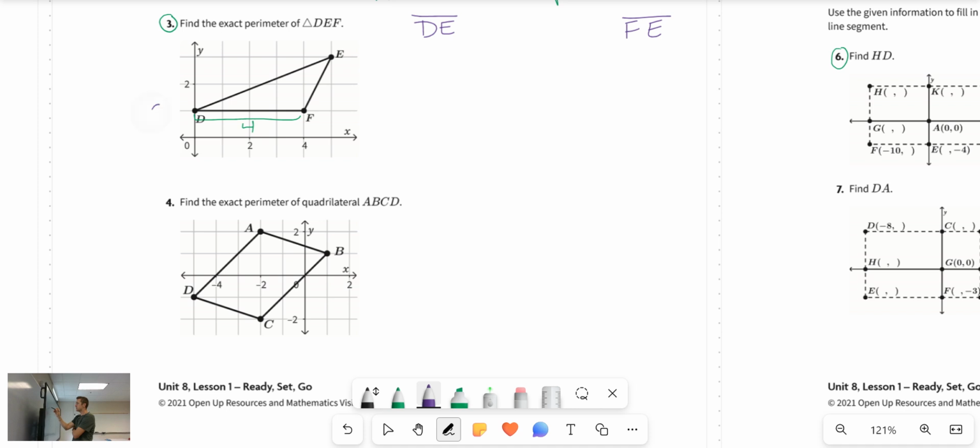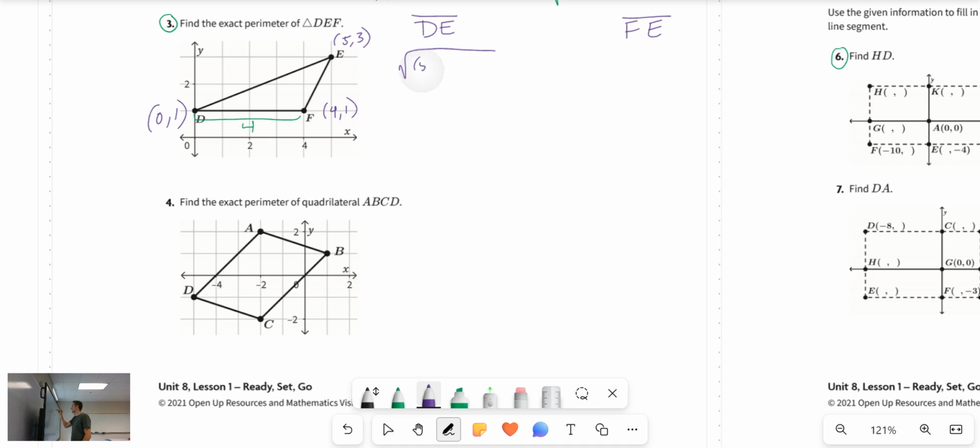All right, so DE, this is the point 0, 1. E is the point 5, 3, and then F is the point 4, 1. So to find the distance of D to E, we have to set up our distance formula, right? The square root of, we'll do the x's first.